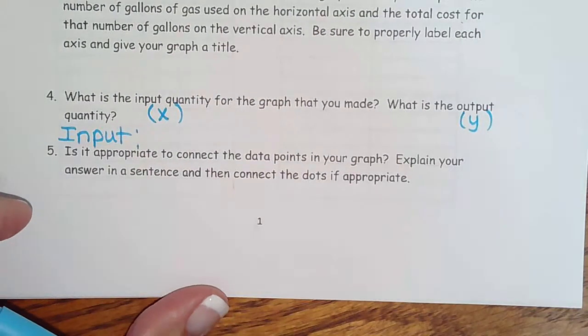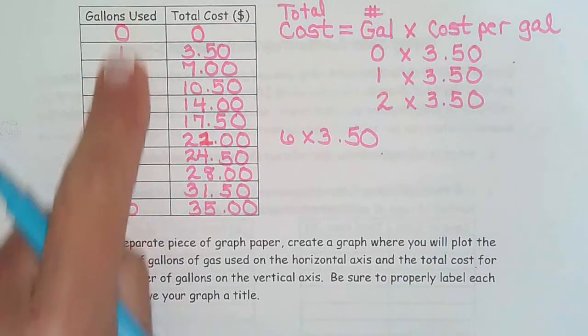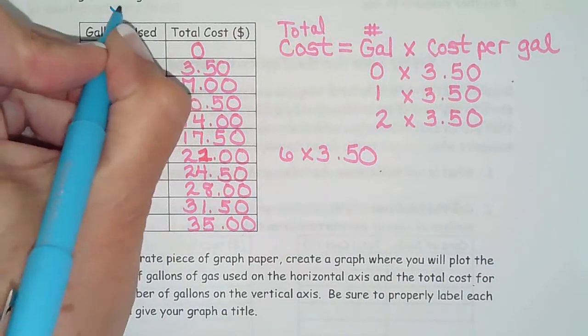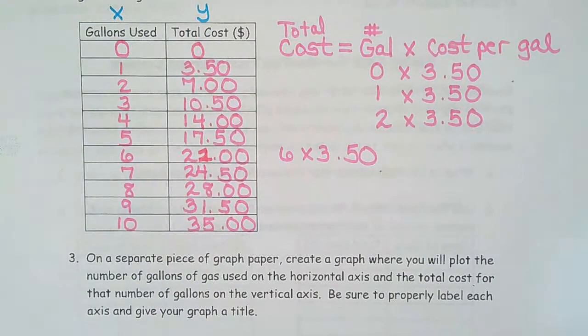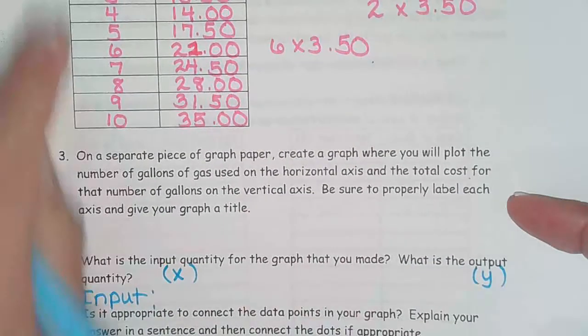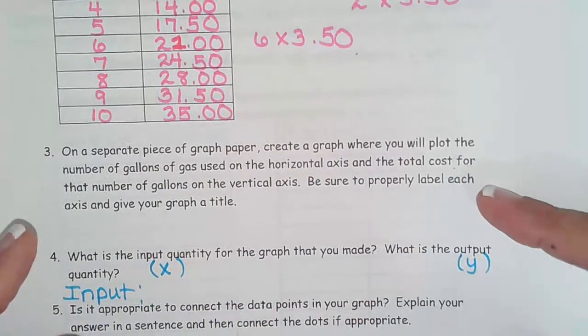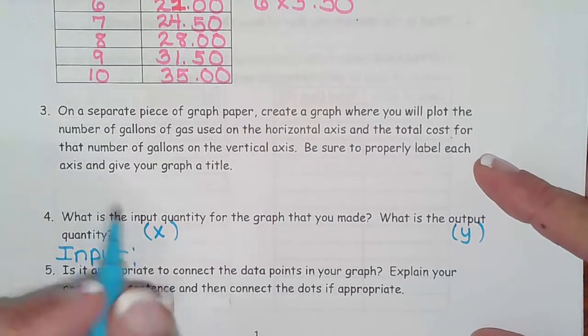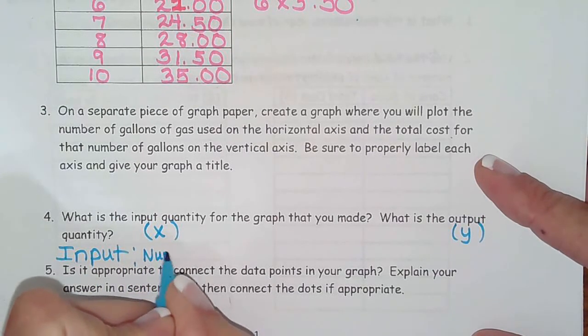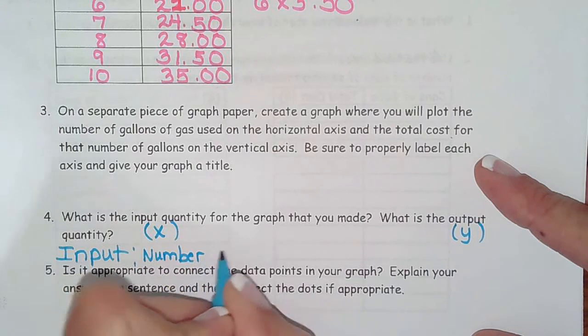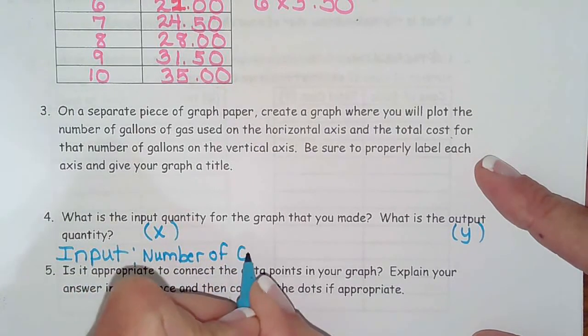Or you can look up here. Remember how we learned the first column of a T-table is always the X and the second column is the Y? So we could say gallons used, or we could say number of gallons of gas, either one. So I'm going to use what we wrote on the graph. So number of gallons of gas.